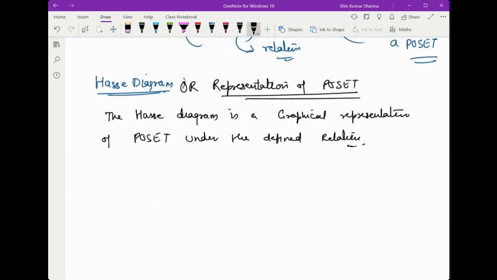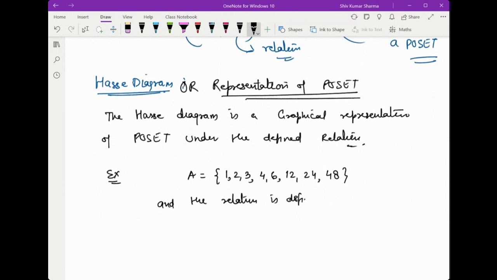For example, if we have set A equal to 1, 2, 3, 4, 6, 12, 24 and 48, and the relation is defined as divides, draw the Hasse diagram.